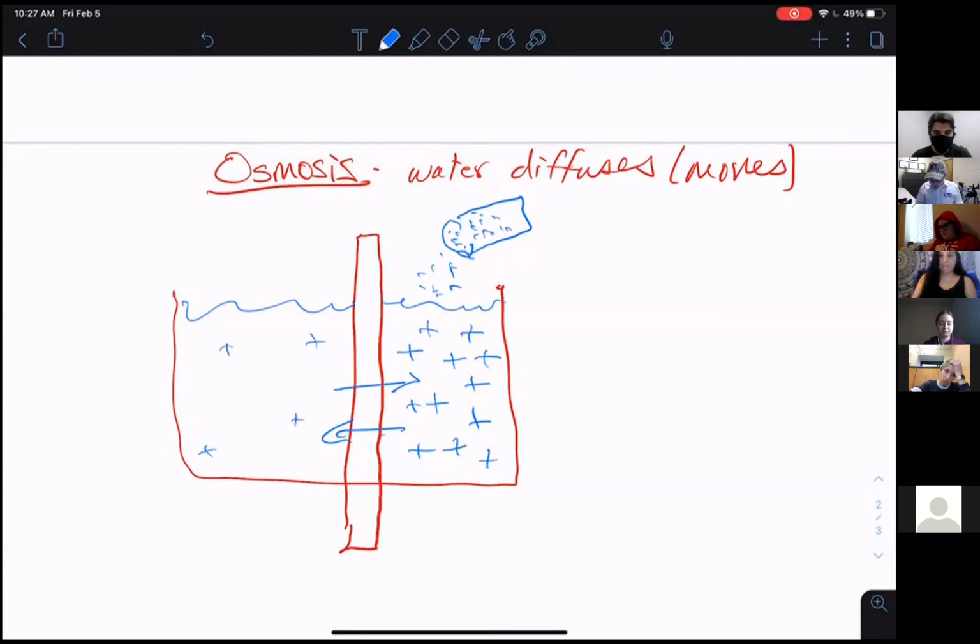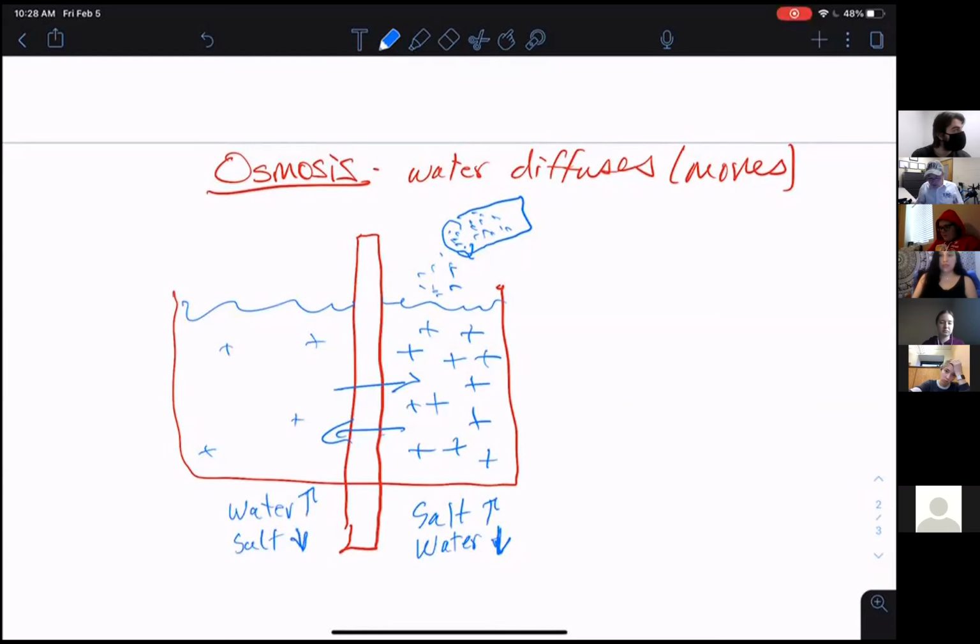So which side has a higher concentration of salt? Over here, right? High concentration of salt. As a result, the water concentration is actually a little low in comparison with the other side. Water is high over here, salt low, okay?